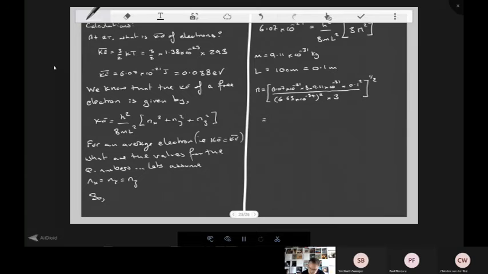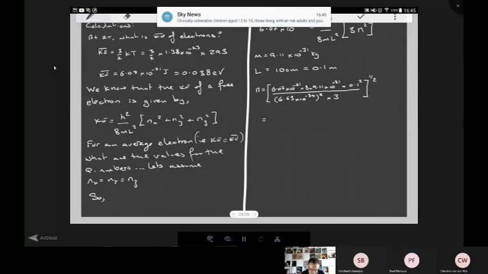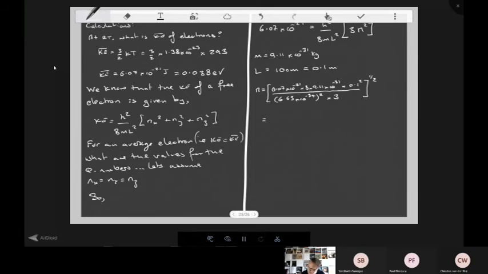Okay, I'm going to do square root of that lot, and it's 6.07 e to the minus 21 times by 8 times by 9.11 e to the minus 31 times by 0.1 squared divided by 3 times by 6.63 e to the minus 34 squared.